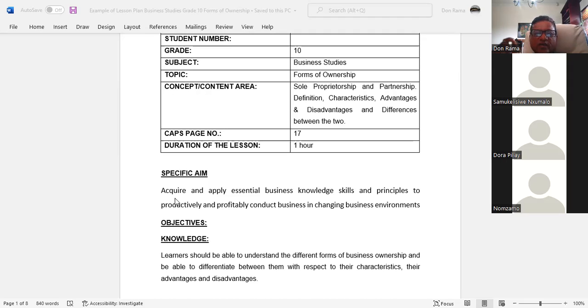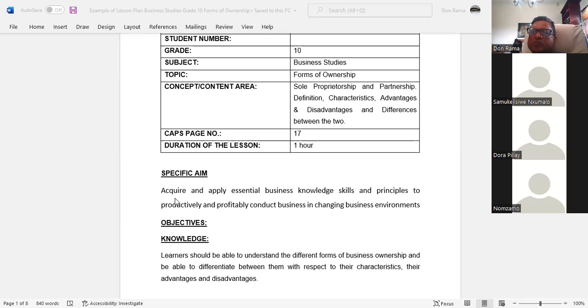So this one here, where I say acquire and apply essential business knowledge, skills and principles to productively and profitably conduct business in changing business environments, has been taken from the CAPS document. I have not written it on my own.